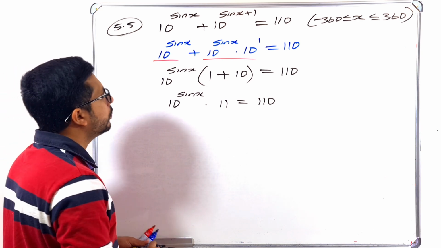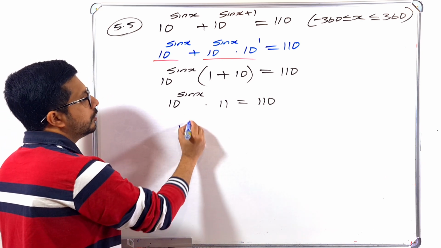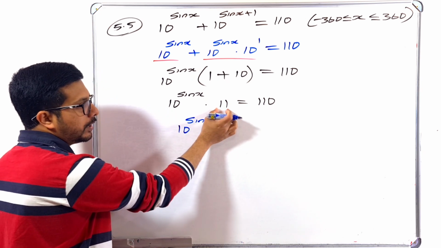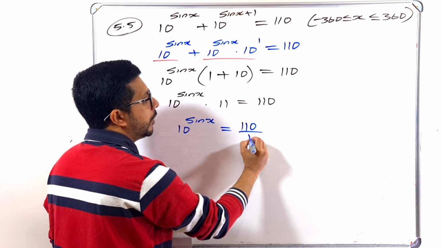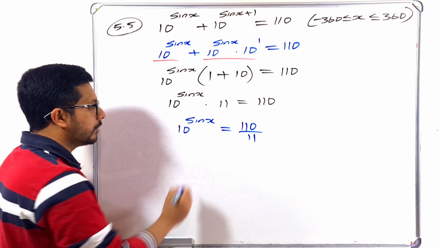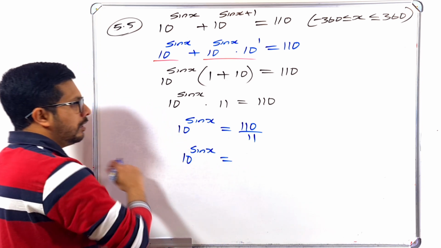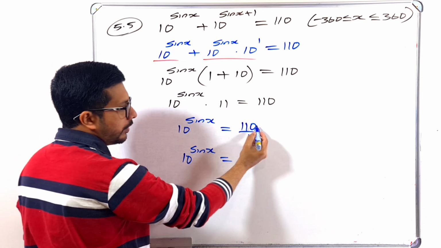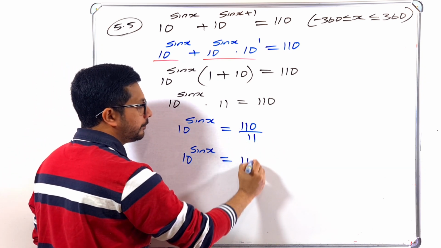Okay, so now 10 raised to sin x is equal to, I'm going to take this 11 to the other side, so it is 110 divided by 11. 110 divided by 11 is 10.